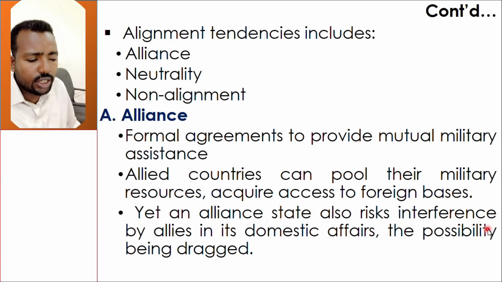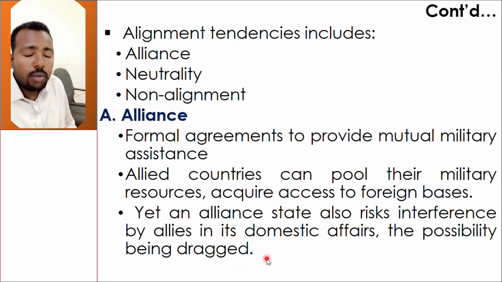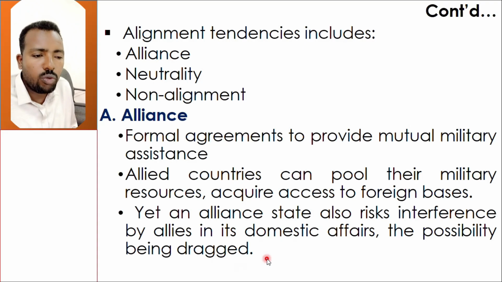Yet an alliance state also risks interference by allies in its domestic affairs, the possibility of being entrapped. Mostly, those countries which are in that alliance could be exposed to intervention from member countries in the domestic policy and also political affairs of that country.